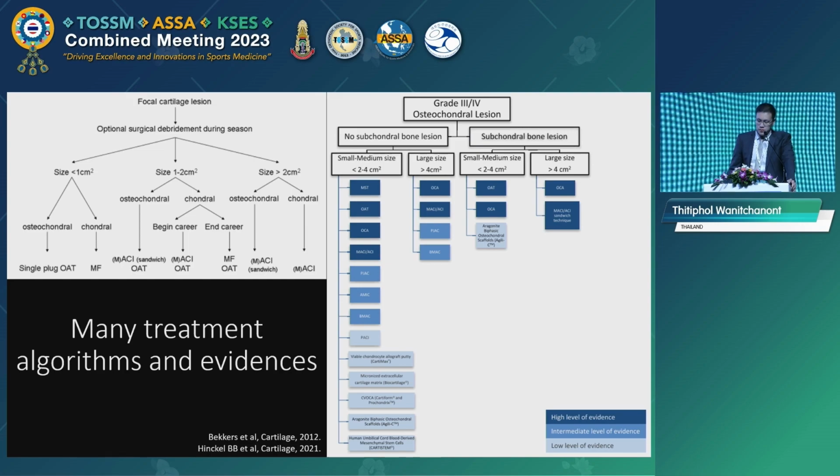These are the many options we have already checked for the evidence, classified into high level, intermediate level, and lower level of evidence supporting these kinds of lesions. Mainly in small to medium sized lesions without subchondral bone involvement, microfracture, OAT, OCA, and ACI can all be used. But for larger lesions, OCA and ACI are the major options.